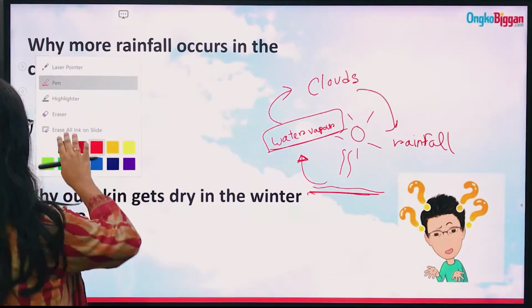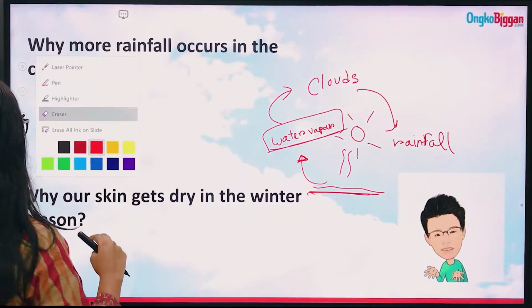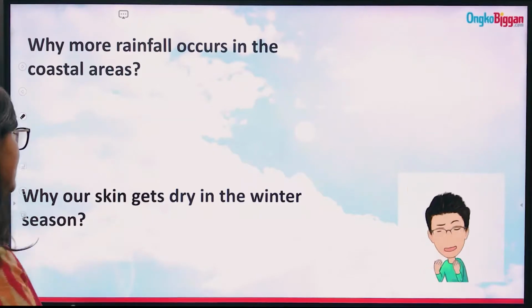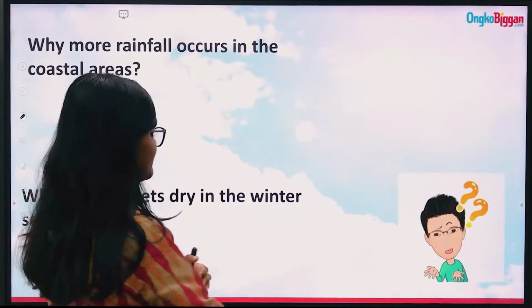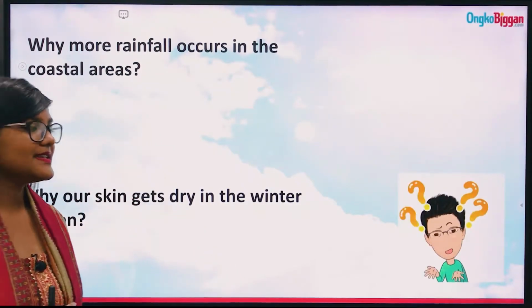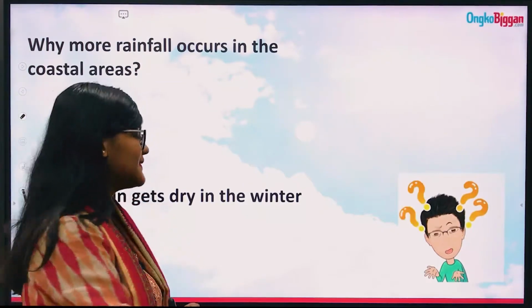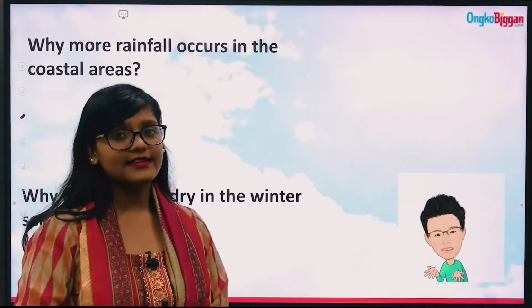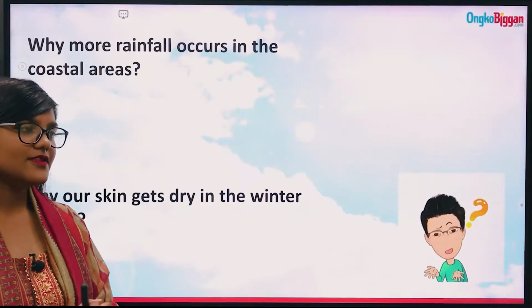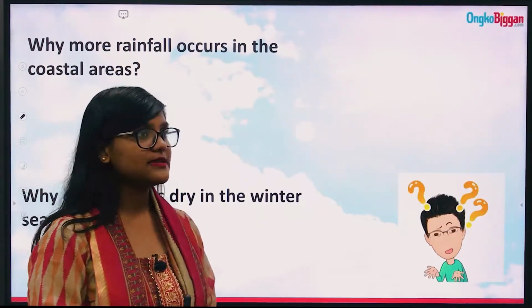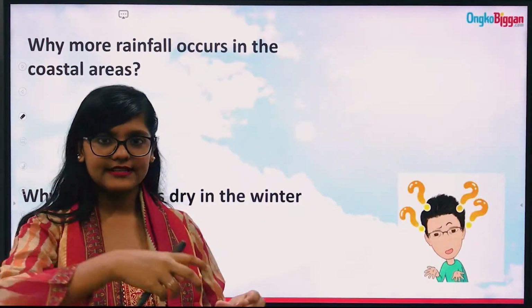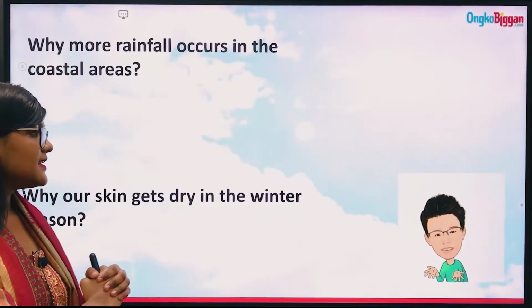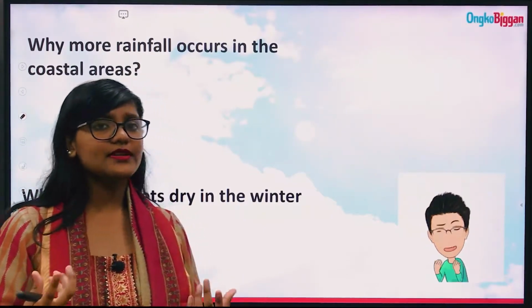So now we have another question: why does our skin get dry during the winter season? It is actually occurring because of humidity as well. We have learned that humidity depends on the heat of sunlight on the water bodies. So during winter, humidity remains less.